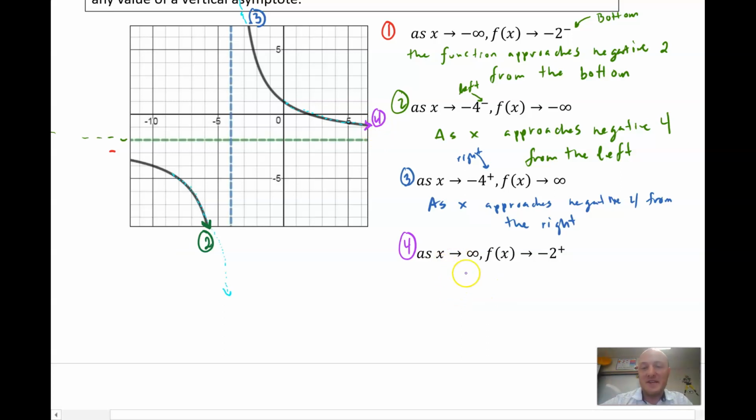So as x approaches positive infinity, the function values are approaching -2 from the top. And that little plus sign there, that's how we say top in mathematics.